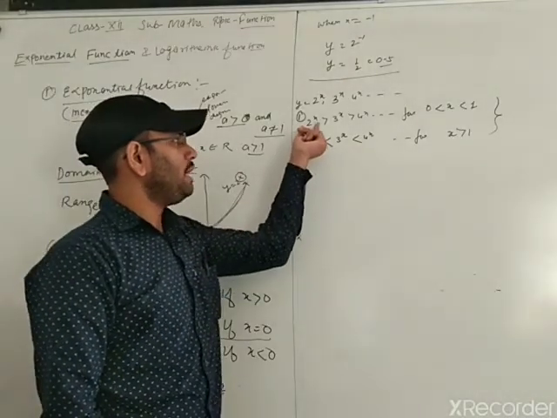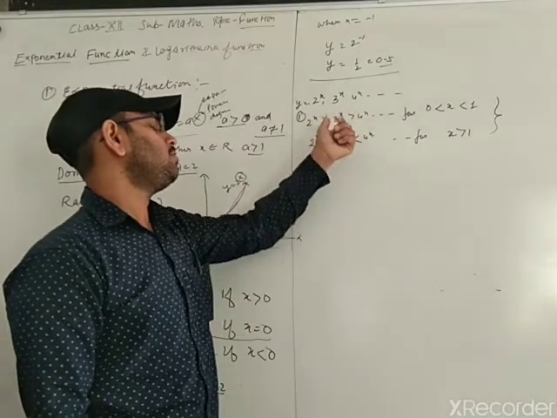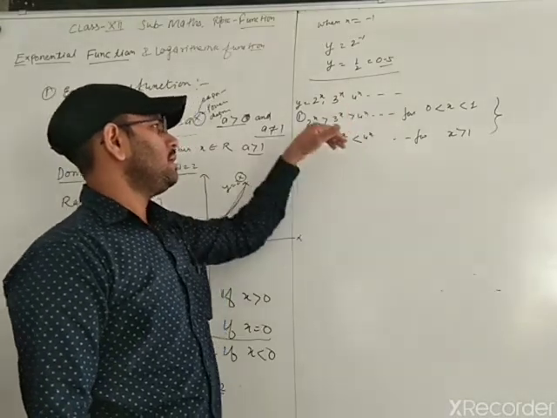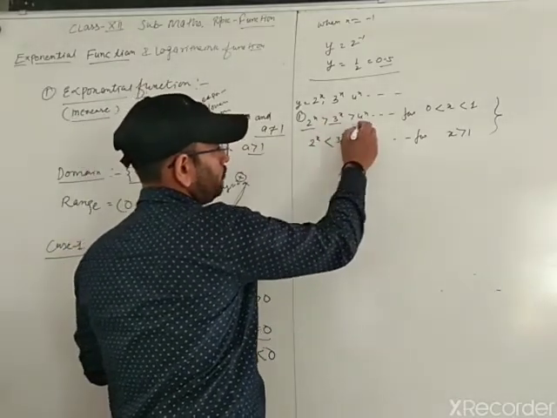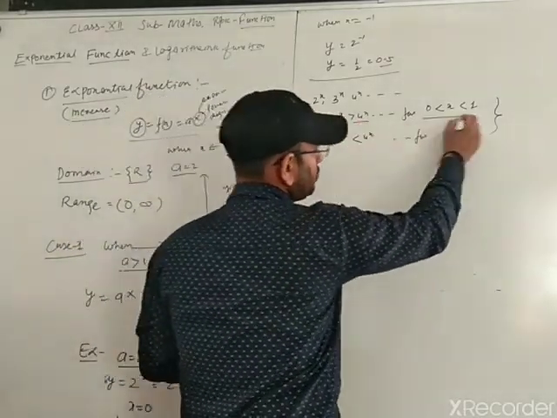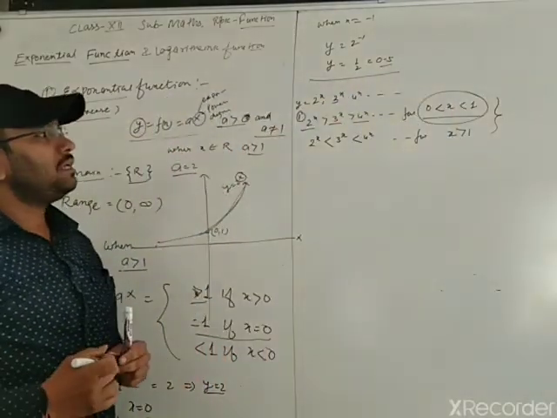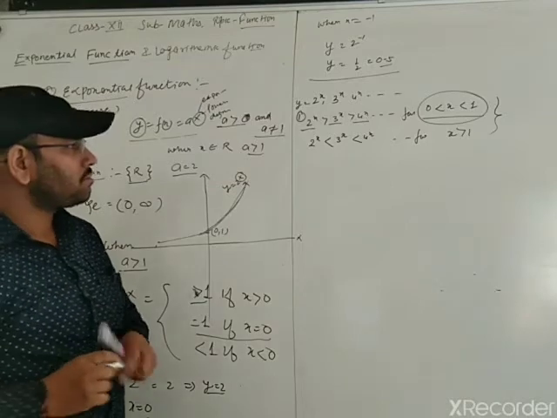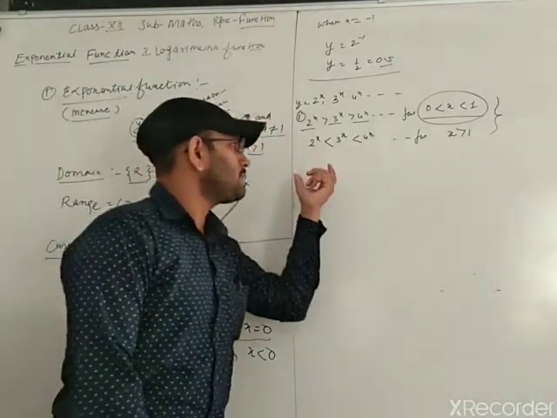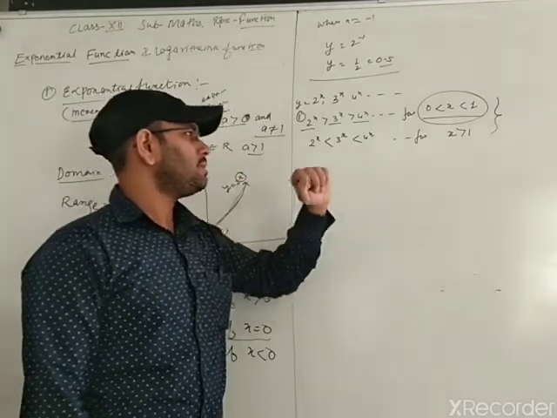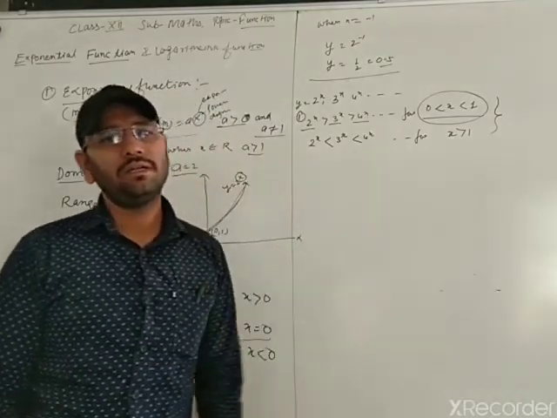For the values 2^x, 3^x, 4^x: 2^x is greater than 3^x, greater than 4^x, for the special case when x is greater than 0 but less than 1. And second case, 2^x is less than 3^x, less than 4^x, for the special case when x is greater than 1.